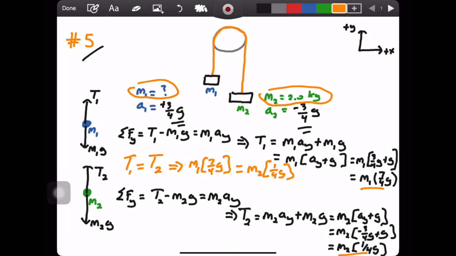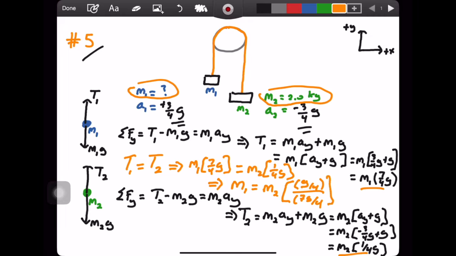To do that, if I have 7/4 G, that's the same thing as 7G/4, or if we just want to divide by the whole thing, we can say M1 equals M2 times the quantity G/4 divided by 7G/4.